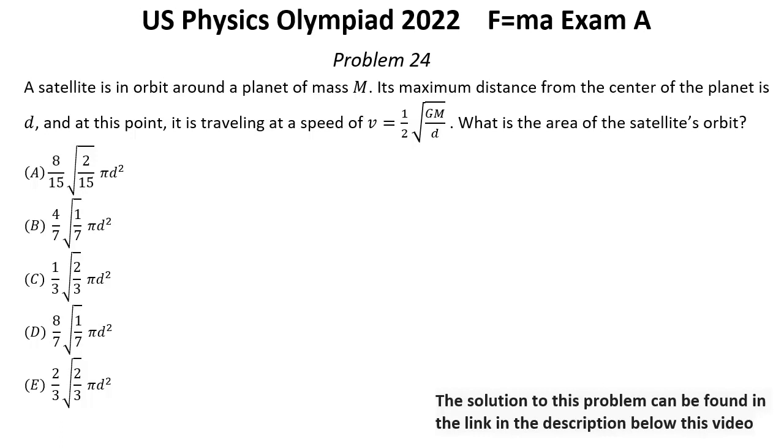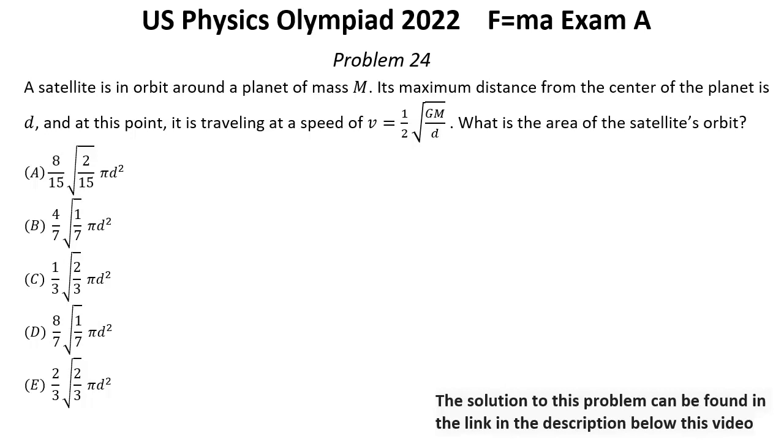This problem could be solved using two main properties of orbital motion. First, the connection between total energy and the semi-major axis, and second, the third Kepler law, connecting the period of motion with the semi-major axis.